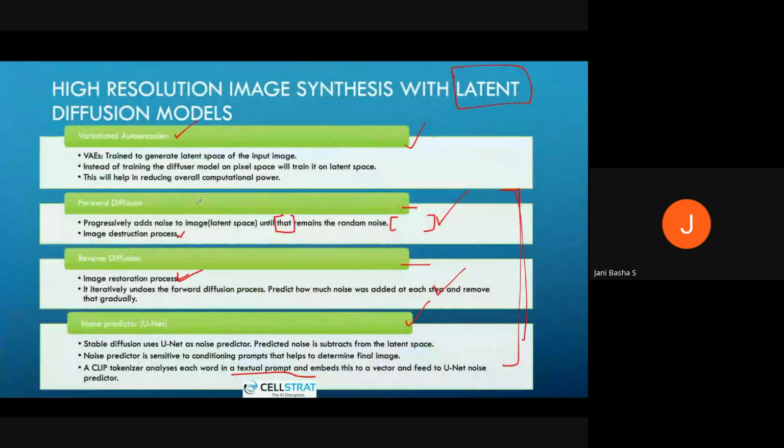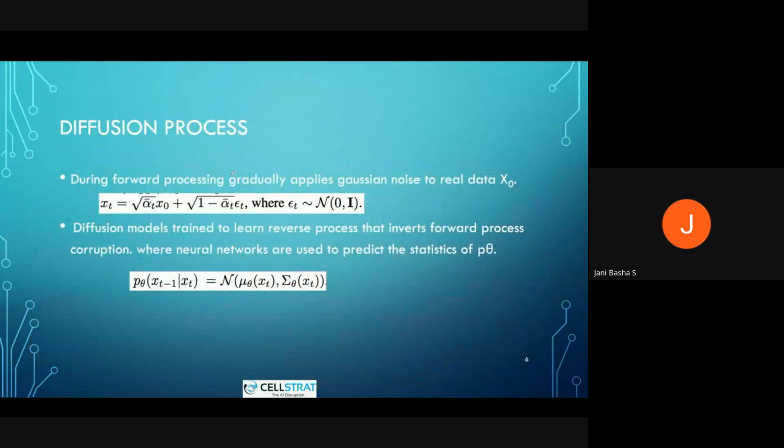So that is why this model is called the latent diffusion model. Instead of running this whole process on the complete image, we'll run it on the latent space. For that, we'll use the auto encoders here to generate the latent space, which will help us reduce the computational power needed.